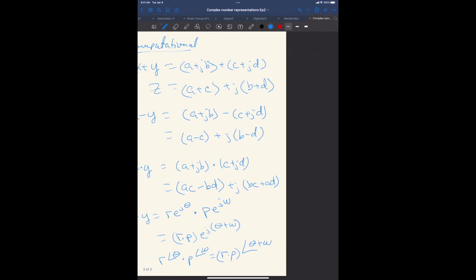All right, this leads to the third form, the actual number, where now we're just using algebra and the law of exponents in algebra to do the arithmetic.